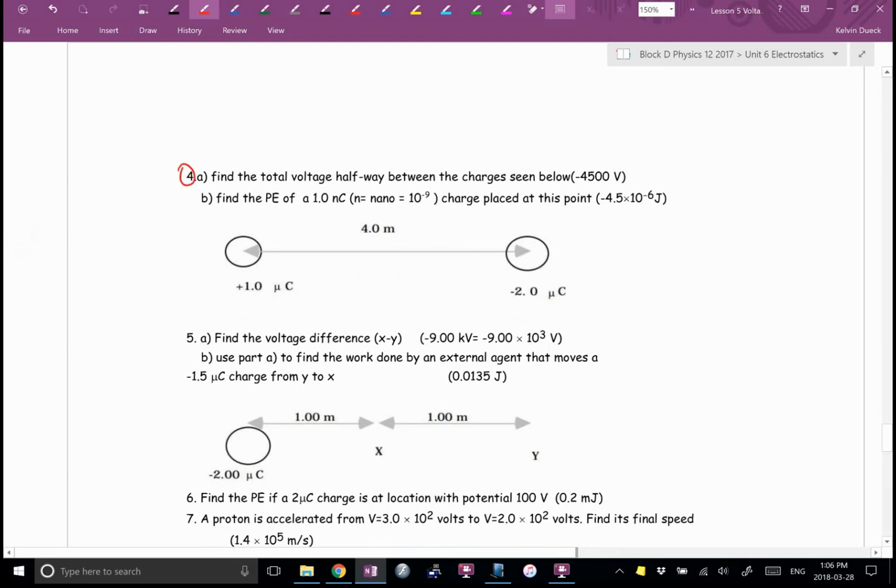How am I going to find the voltage halfway? First of all, halfway between them, what's R going to be? And yeah, Lena said 2. I'm going to find the voltage from the charge on the left, probably KQ over R. I'll find the voltage from the charge on the right. I'll include the negative. And I'll just add them up. That's my voltage there. And then B says find the potential energy, QV.